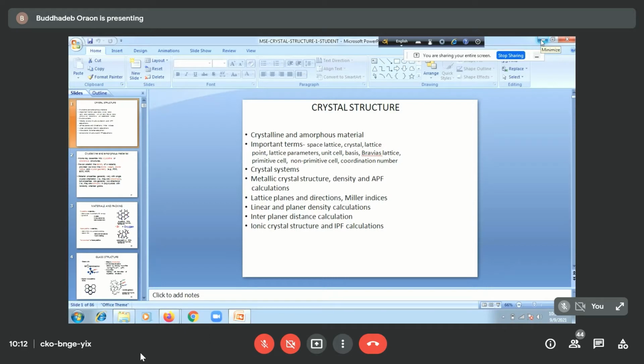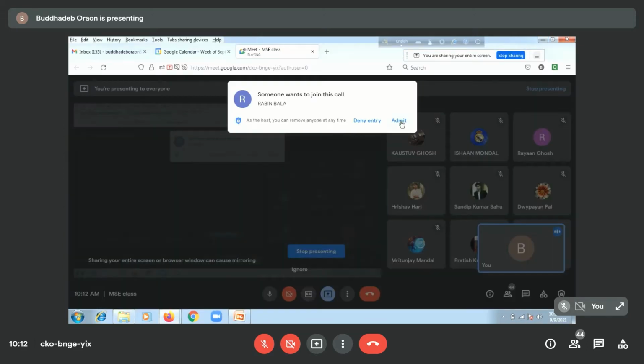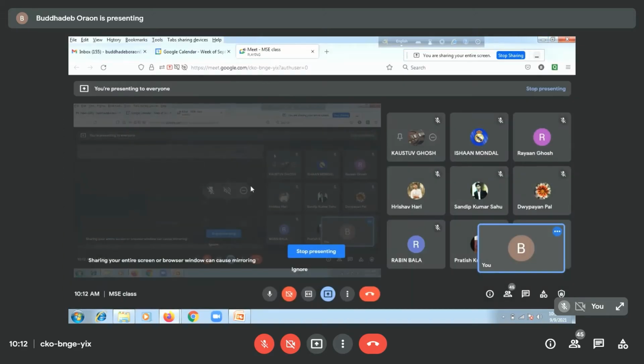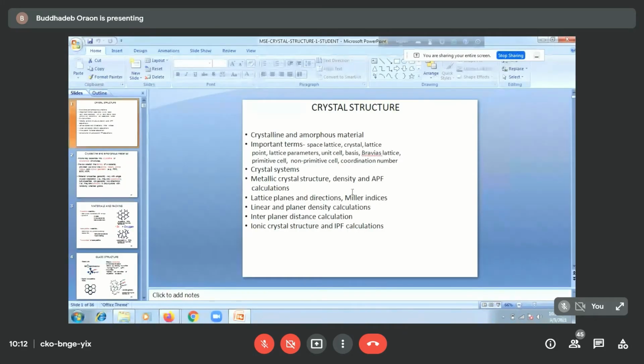About the devices and characterization techniques, that will come later, but let us first know the basics, because you will have to know how to interpret the different geometry and the different parameters involved in crystal structure. Only then will we be able to interpret the outputs we get from the devices used in material characterization.